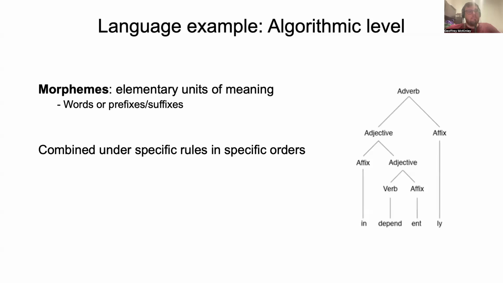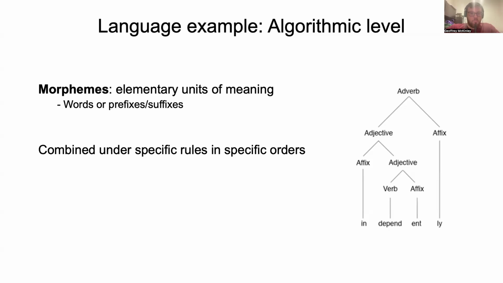And so one thing you need to do is figure out how those morphemes get combined in a specific way. And there are rules for how to combine those morphemes. Everybody knows them implicitly, but most people don't know them explicitly, right? You use language all the time.